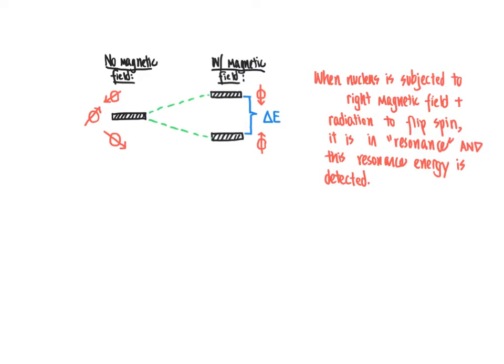We can detect that delta E value, the resonance energy, the energy required to make that spin state switch from one to the other. That requires the right magnetic field and the right amount of electromagnetic radiation to create that resonance frequency. That resonance energy is what is detected, and ultimately what we are going to plot as the chemical shift on the x-axis of our proton NMR spectrum.